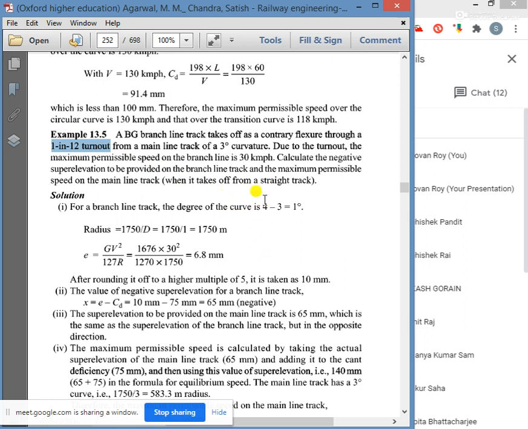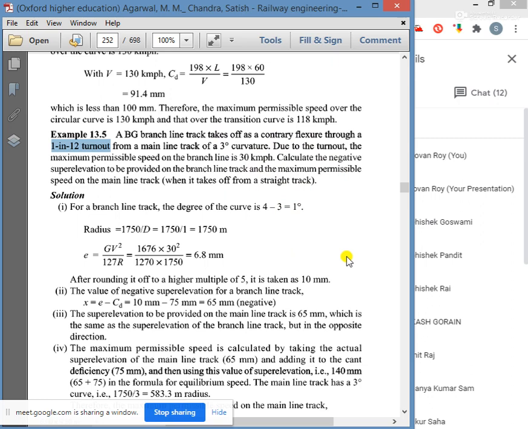So Ds minus Dm equals Dt. This is the formula. Ds is 4, Dm is 3. Therefore the Dt value is 1 degree. So the degree of curve of the branch line is 1 degree.